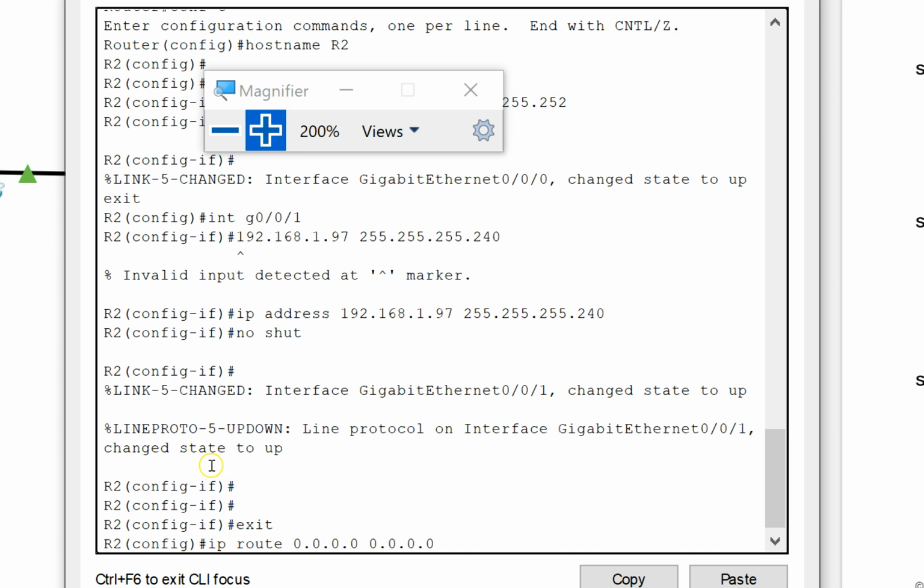Those quad zeros mean that I don't care what the destination address is. If I wanted to specify a network, I could say, hey, there's a route to this network at this subnet mask through this IP address. But what I'm saying here is, hey, I don't care what IP address is going out. The way out is towards here. This is the way.